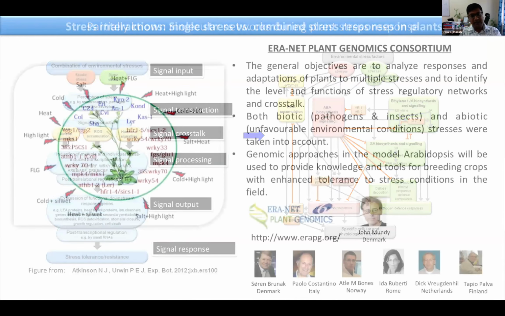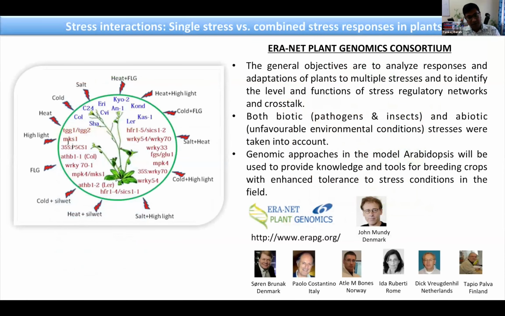To understand the complexity of combined stress, an international consortium was initiated by a few people in Europe. The name of that consortium was ARANet Plant Genomic Consortium, where they considered 30 different plant species, including some natural ones.